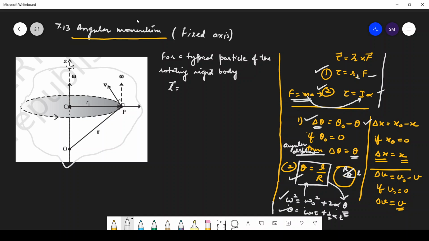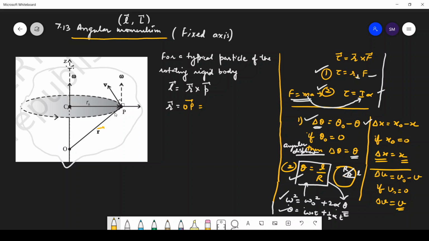what will be its angular momentum? Angular momentum, you know, we write with small l for a particle and capital L for the system. That will be given by the formula, the cross product r cross p. Now what's your r here? r is the position vector to this point P, so that's your vector r, the position vector OP.